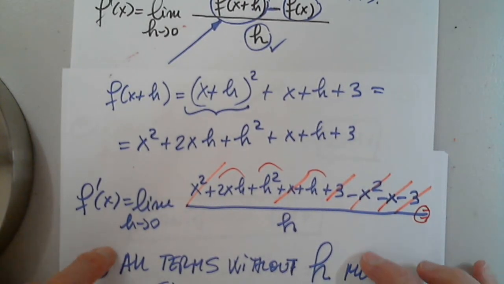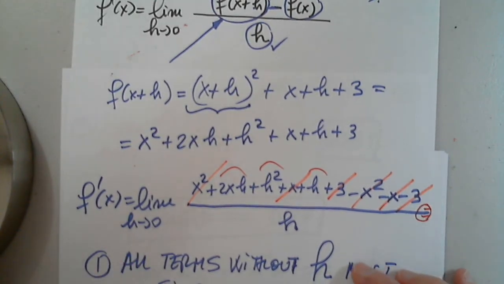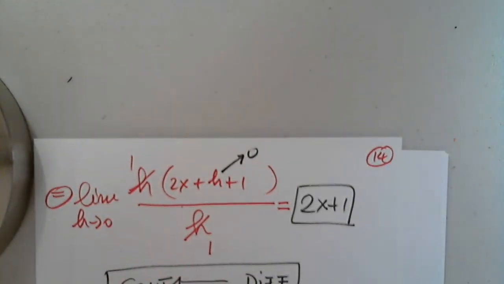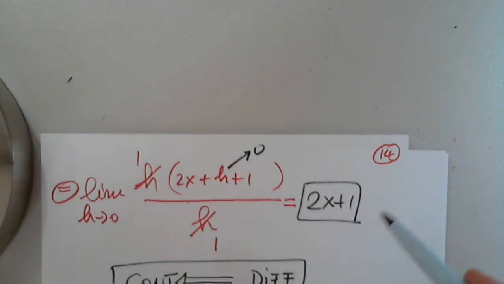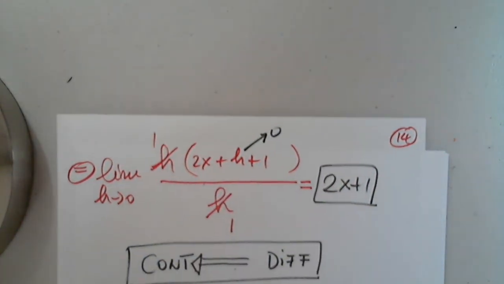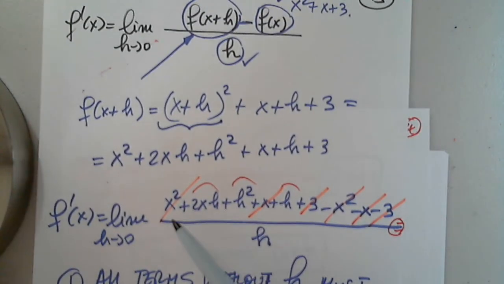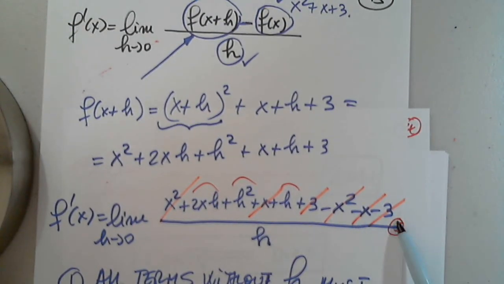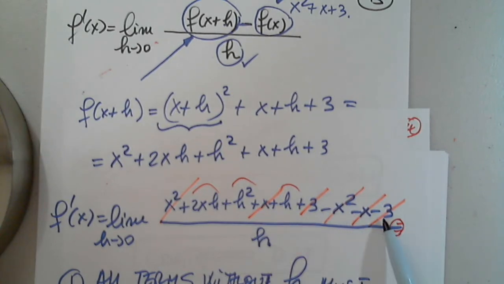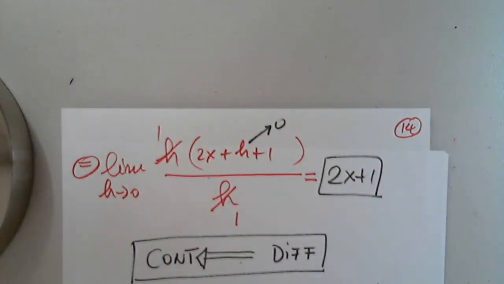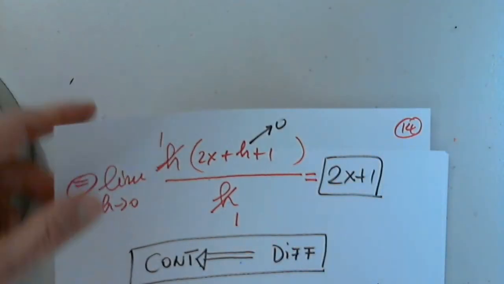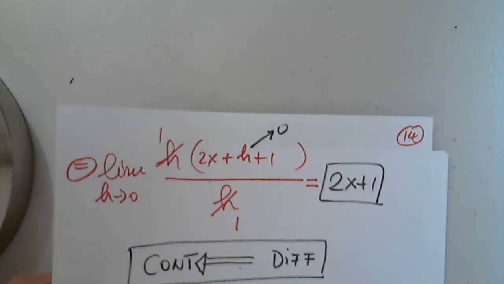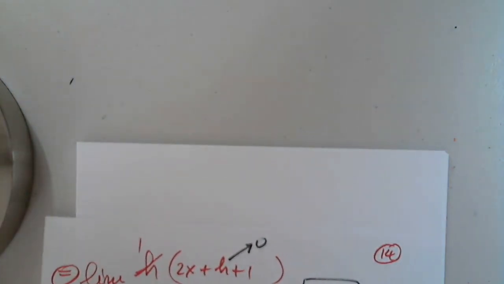These are our checkpoints. If these two things do not happen, I will immediately realize that I made a boo-boo here somewhere. Something is wrong. If h does not cancel in the second step, and if all terms without h do not simplify in the numerator, then I know I have a boo-boo. And I have to do something about it and go back to the drawing board.